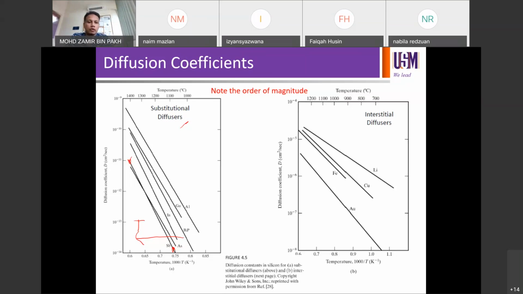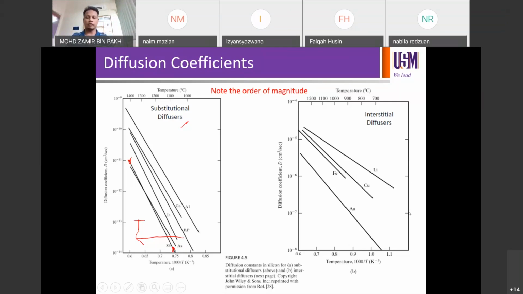Let's now look at the range of the y-axis for the right graph. They are all interstitial diffusers like lithium, copper, iron, and gold. If you compare the range of the diffusivity on the left graph and on the right graph, what can you see? What can you see obviously?